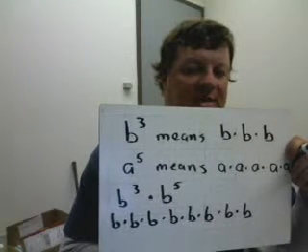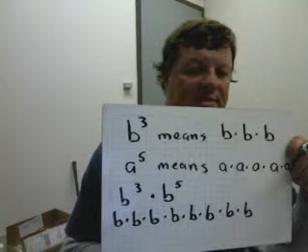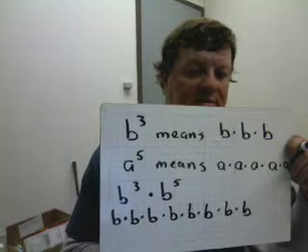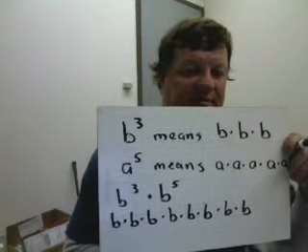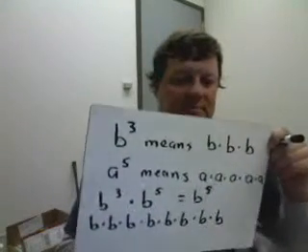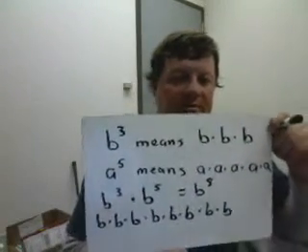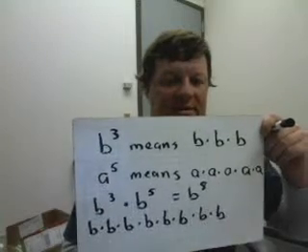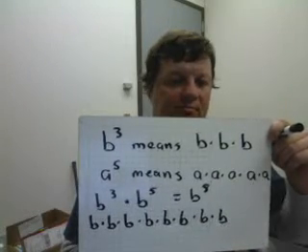Now, using the rules of exponents, I want you guys to put down your answer to this problem, b to the third times b to the fifth. Counting all the b's, I think it's pretty clear that we see that the answer is b to the 8th power. Okay, just like that. So we have b to the third times b to the fifth equals b to the 8th power. Let's try another one.